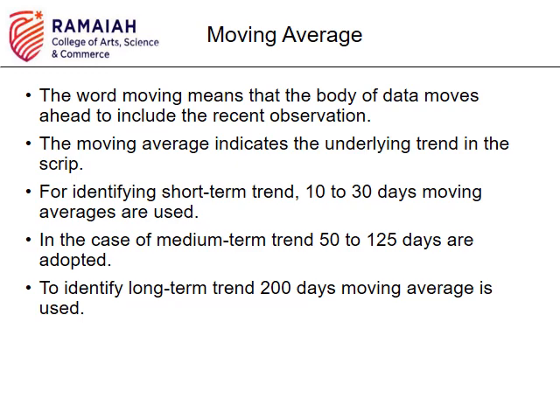The moving average indicates the underlying trend in a script. Alright. For identifying short-term trend, 10 to 30 days moving averages are used. In case of medium trend, 50 to 125 days are adopted. To identify long-term, 200 days moving average is used.